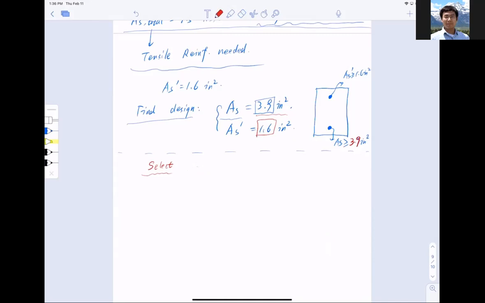So I can select either 4 divided by 0.8, so 5 number 8 bars, or I can select 4 number 9 bars for AS. Same thing here. For 1.6, I can select 2 number 8 bars, just a hair less, or I can select 2 number 9 bars for AS prime.